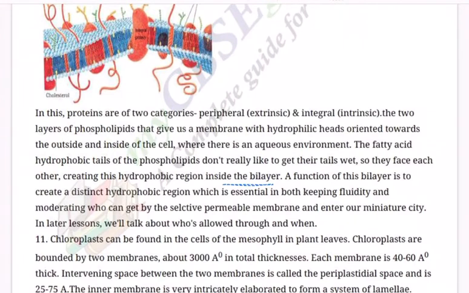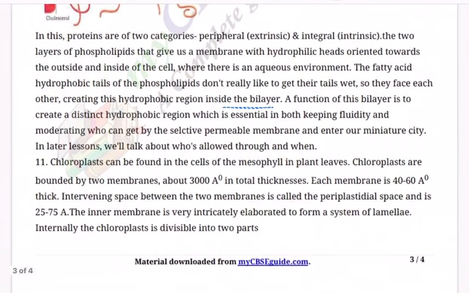It allows only good things that are essential for the body, and it will stop the pathogens. It will try its best. And also, when things are going out, it will allow only the dangerous things to go out and try to prevent the good things such as sugars, amino acids from going out. That's why we say selective permeable membrane.